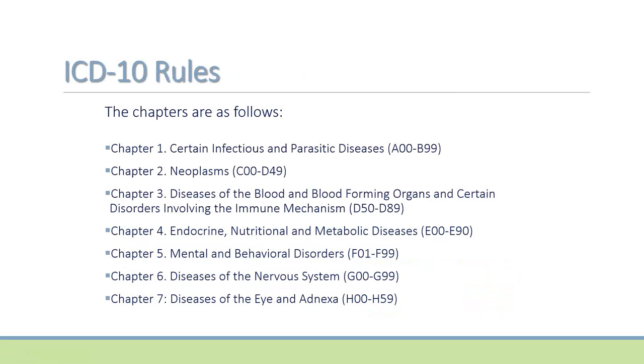Okay, so ICD-10, the chapters. So there's 21 chapters, and we will use some in the diseases of the nervous system. So we are going to use some of the G codes.